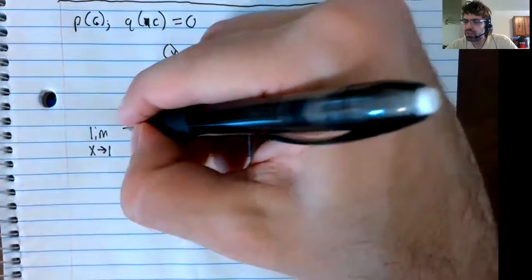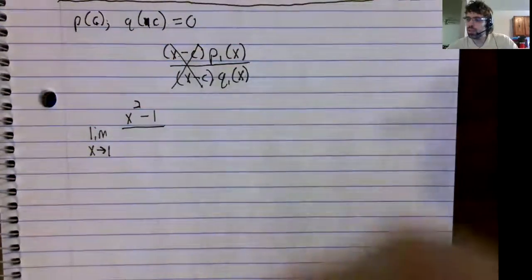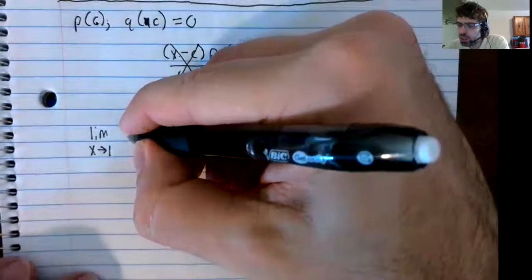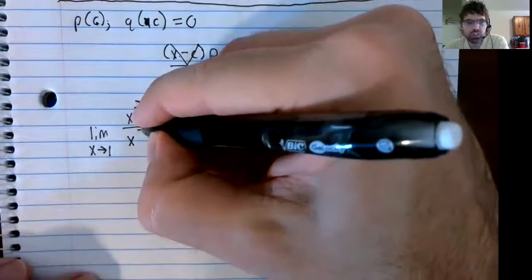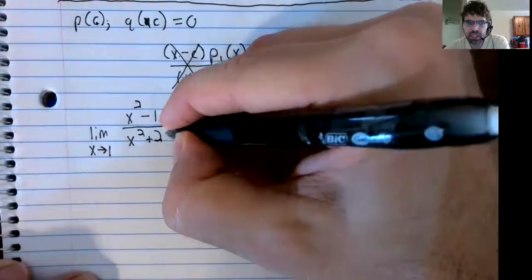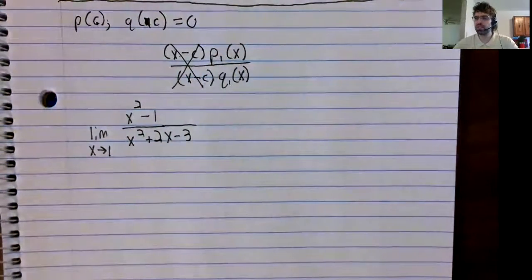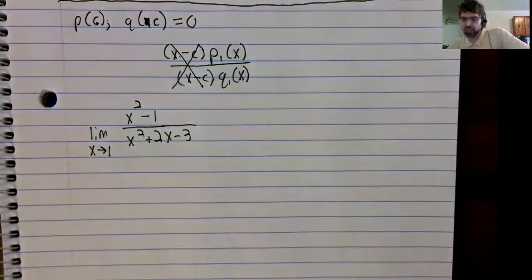We'll have x squared minus 1 in the numerator. And let's depart from the notes to make this a little more complicated. x squared plus 2x plus 3 in the denominator.